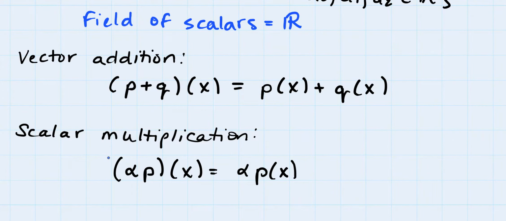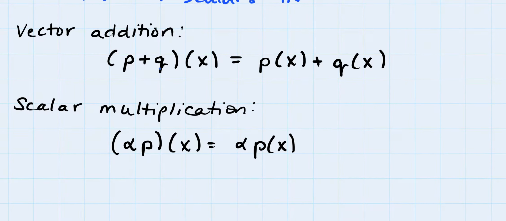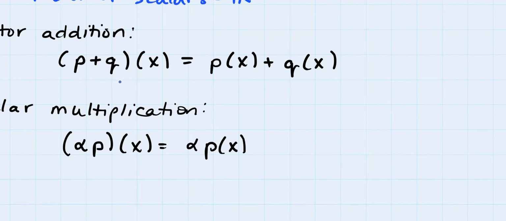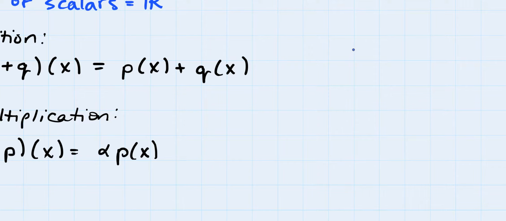We're not going to prove that it's a vector space, but let's talk about a couple of things. Like, obviously, p plus q of x is commutative. So one of the first rules was to show that p plus q is equal to q plus p.